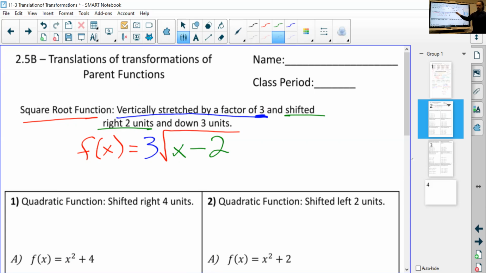If it goes to the left, you would put plus that number. Then our last part goes down 3 units. So that's the plus or minus on the outside. That's k. And then that follows what it should be. So if it says down 3, it's going to be minus 3. And there you go. There's our function.